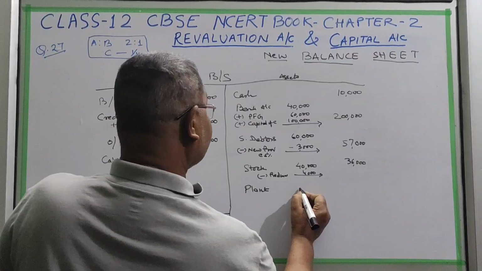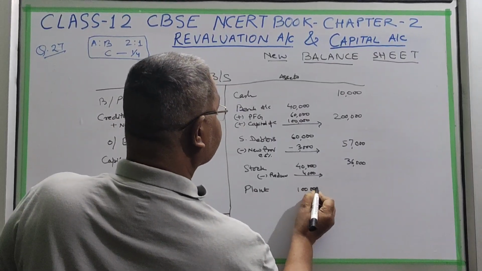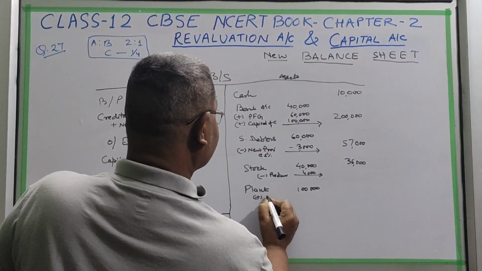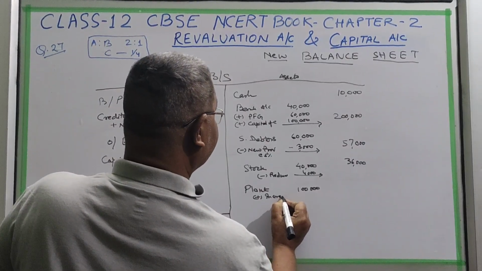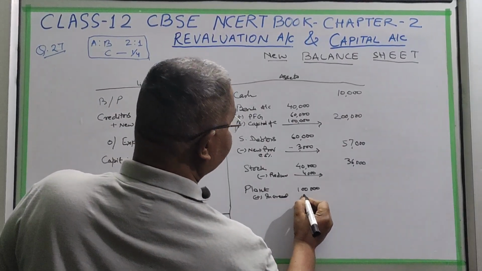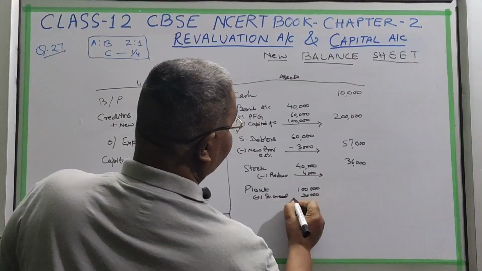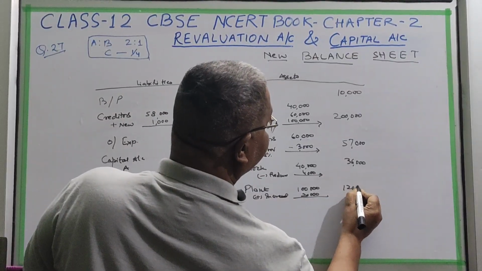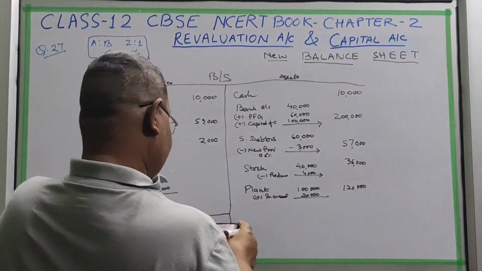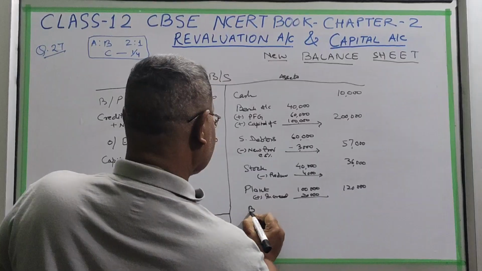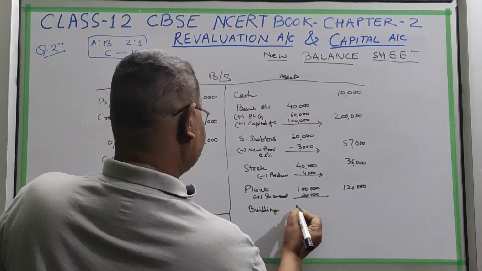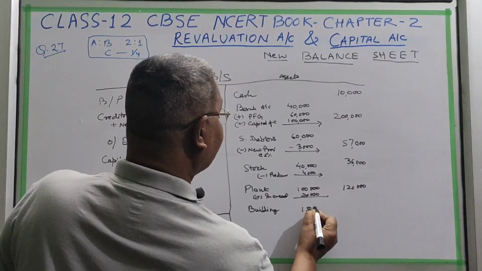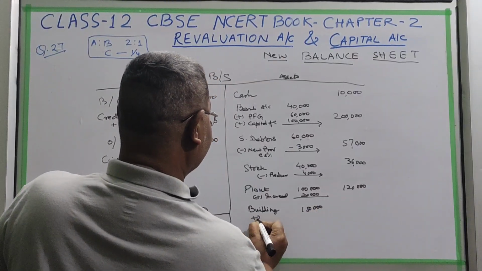Then plant was increased. Plant value is 1 lakh plus increase, appreciation. We write it appreciation. Increased appreciation 20,000. So it will become 1,20,000. Then building is 1,50,000 plus appreciation.